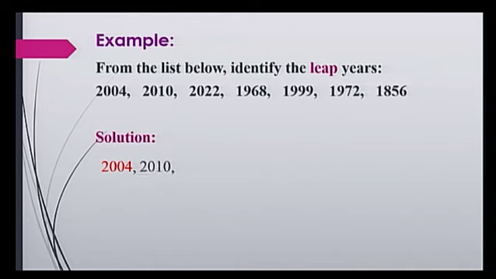2022, so 22 will be the last two digits, which will not be divisible by 4, so it is a common year. Now 1968. 1968, the last two digits will be 68.